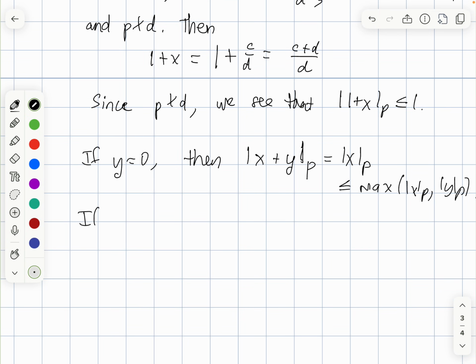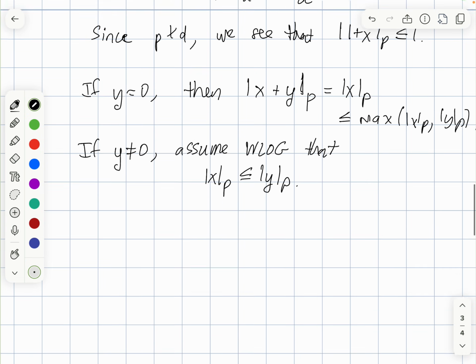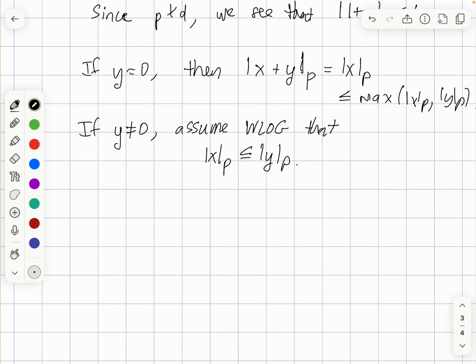Now, if y is not equal to 0, then we can assume, without loss of generality, that the p-adic absolute value of x is less than or equal to the p-adic absolute value of y.